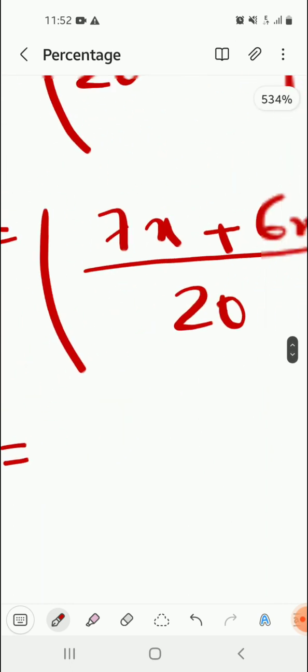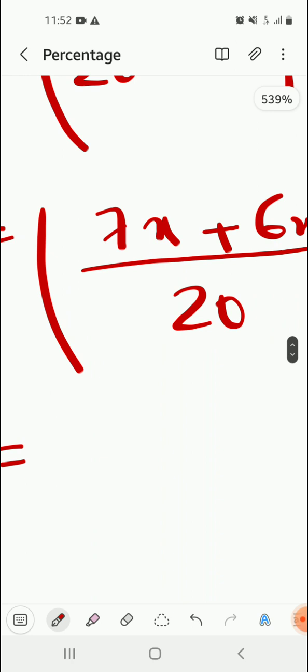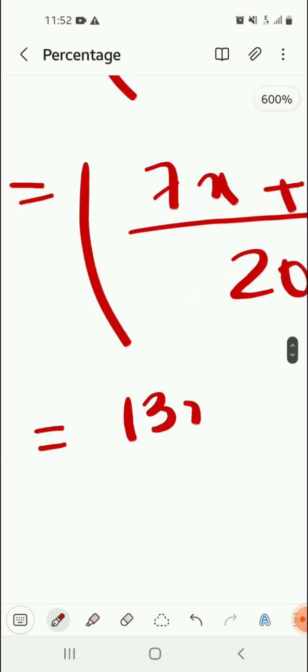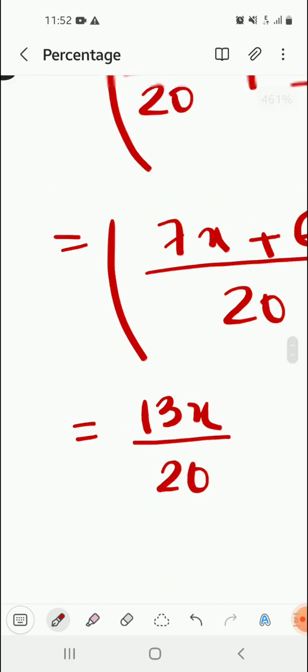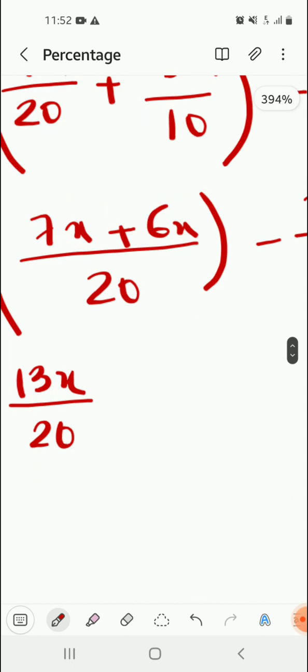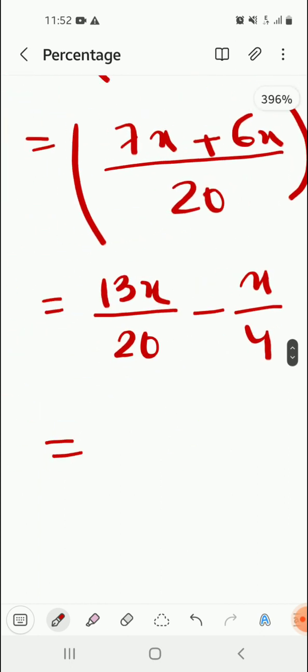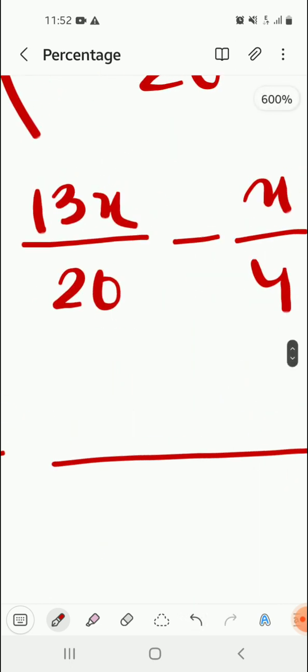So this becomes 13x by 20 minus x by 4. The LCM of 20 and 4 is of course 20.